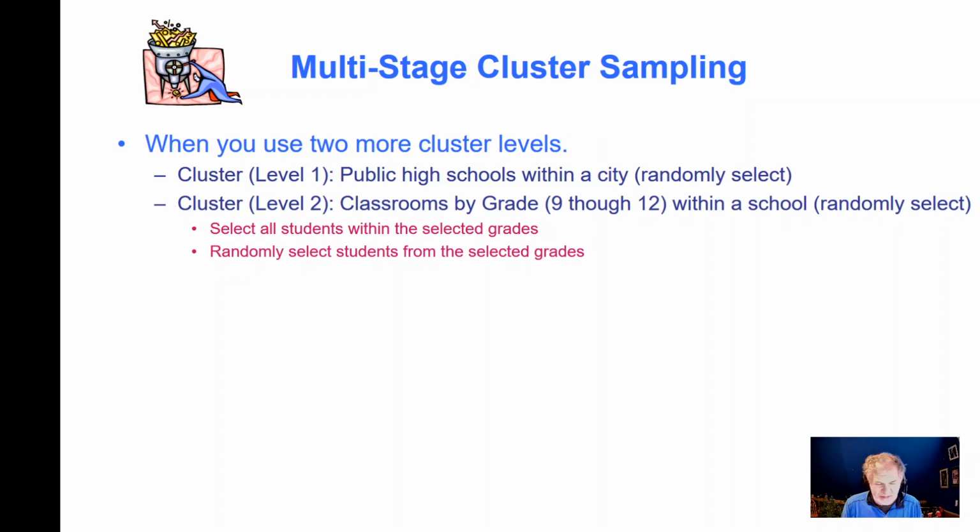So I've got my different classes in grade 9. I then randomly select the classes within each of those grades, right? So I'm using multi-stage cluster sampling. Randomly select high schools. Then I select the grades within each high school, which is the second level of my cluster, and then I randomly select students within each of the grades.